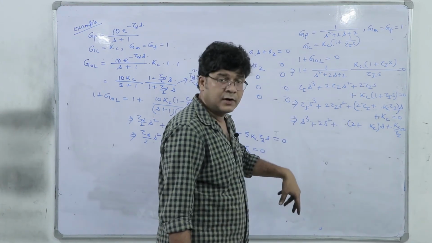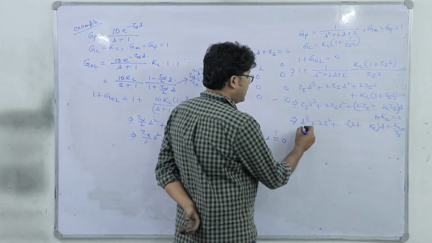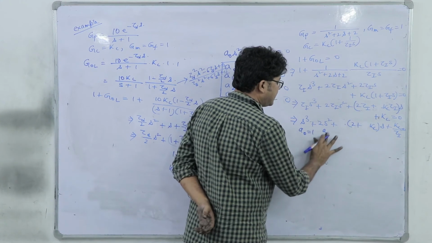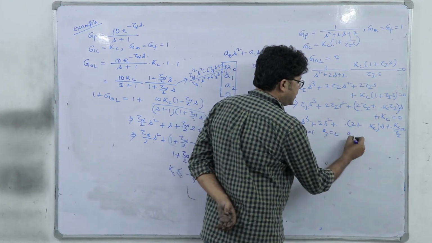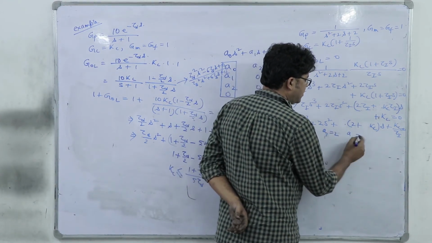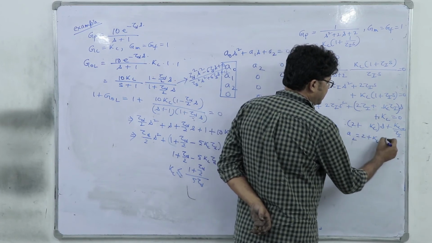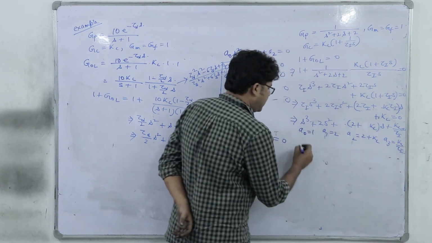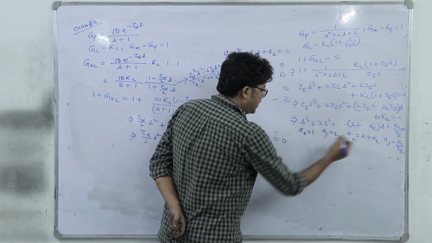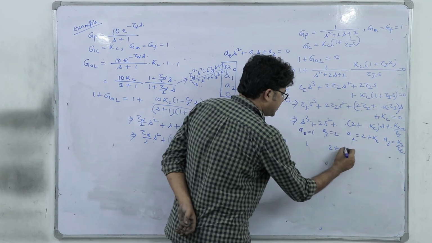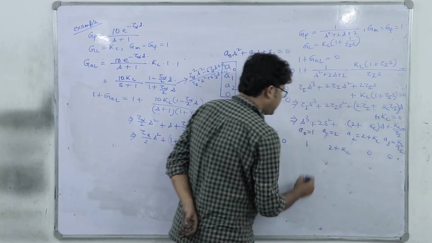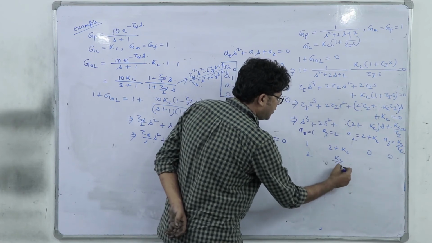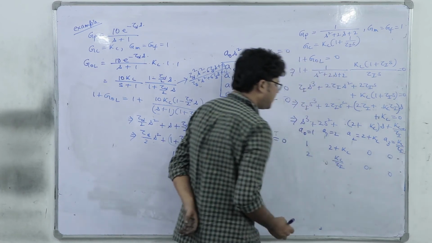So you have to go for Routh-Hurwitz test 2. So this is A0, that is 1, A1, that is 2, A2, that is 2 plus Kc, and A3, it is Kc by tau I. So row 1 will be A0 and A2. So 1, 2 plus Kc, 0, 0. Second row 2, then Kc by tau I, 0, 0.